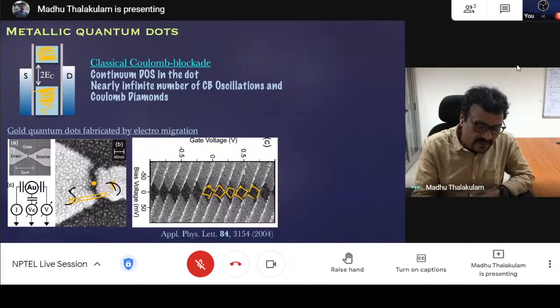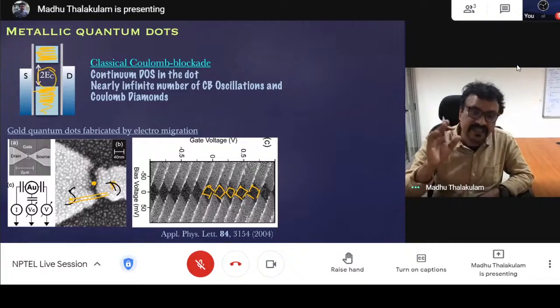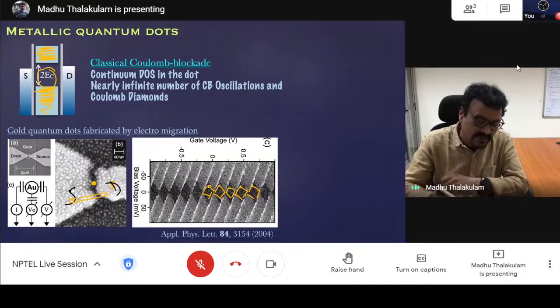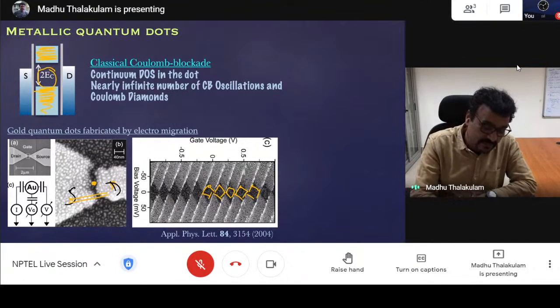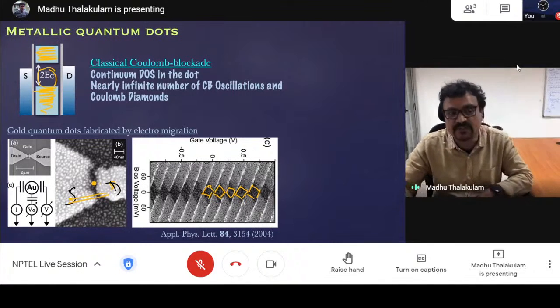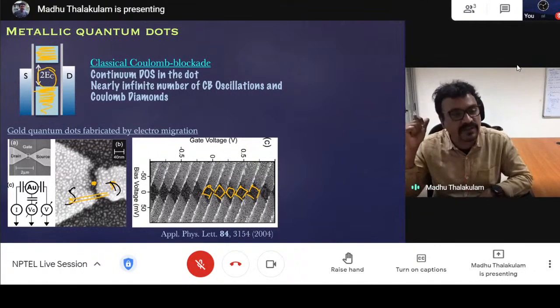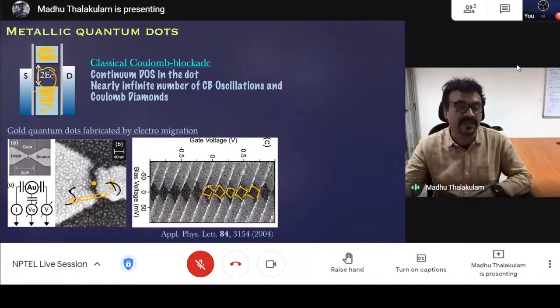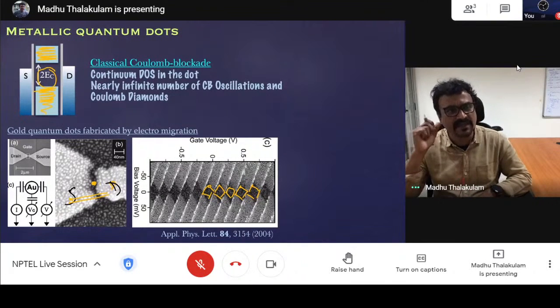What you get is a small gap in energy, a gap because of the charging energy, this number here, just at the Fermi level. That's all. What this means is you need to beat this charging energy to put an electron in or take an electron from the dot. That is that gap. So you can add almost an infinite number of electrons. You can never empty the dot completely, because you have that many states inside the dot. That is the case with metallic quantum dots.